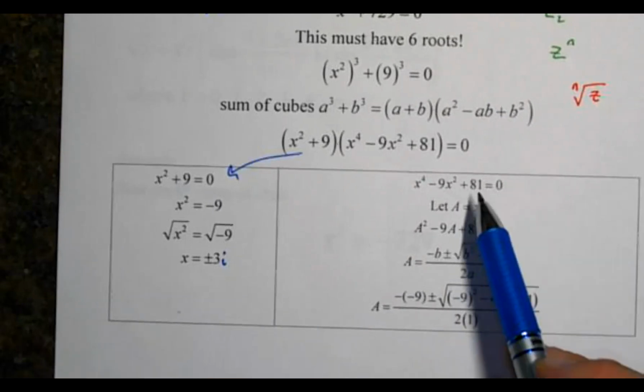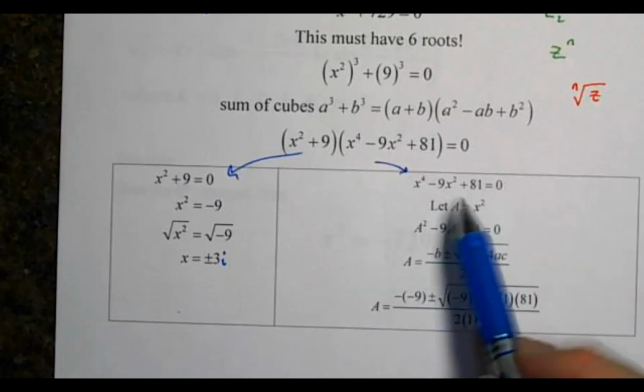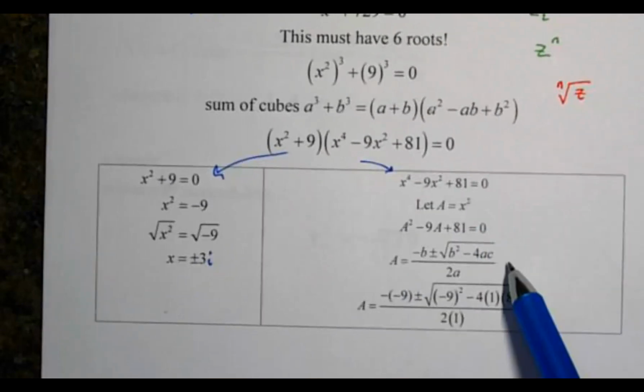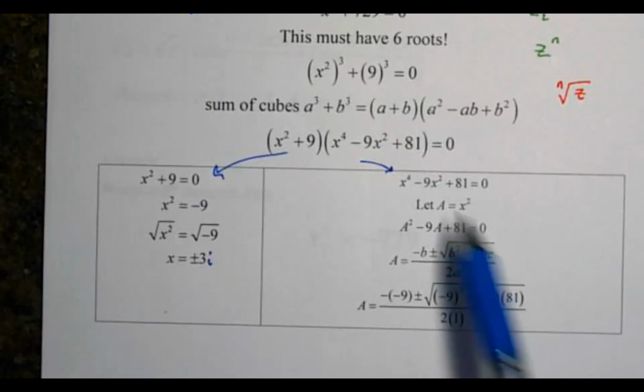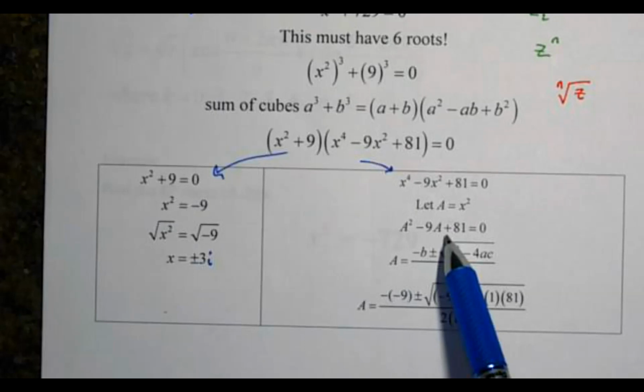Now the next part, this looks like a quadratic, but it's not quite because this is a fourth degree polynomial. So in order to use the quadratic formula, which I need to do to solve this, I can't complete the square or use the quadratic formula because it's not a perfect square.